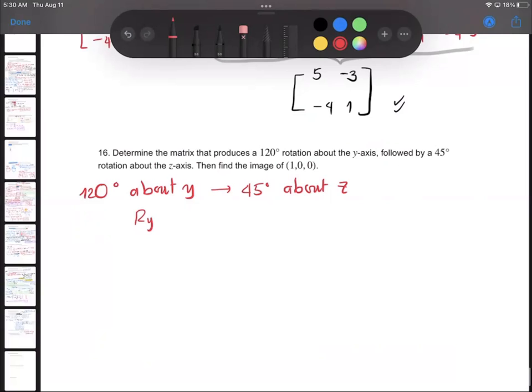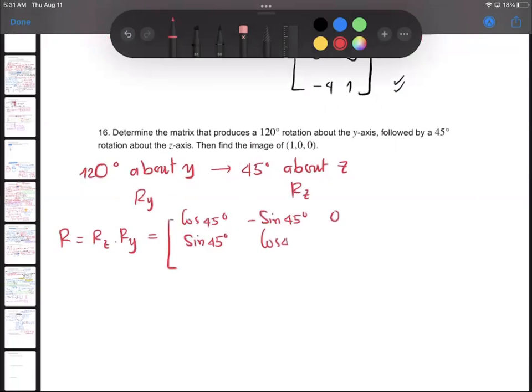Okay, Rz is going to be what? Going to be cosine of 45 degrees, negative sine of 45 degrees, and 0 here. And then we have sine of 45 degrees, cosine of 45 degrees, 0, 0, 0, 1. Be careful about the sign.